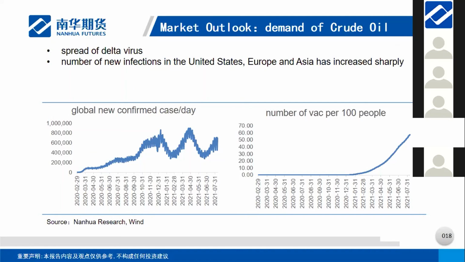Seasonally speaking, June to September is a peak season of gasoline demand in the United States, which is now nearing the end. According to last week's EIA data, gasoline inventory has increased by 696,000 barrels, and the weakening of gasoline consumption in the later stage is bound to have an impact on crude oil demand.